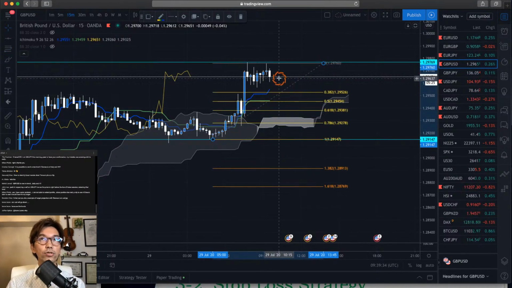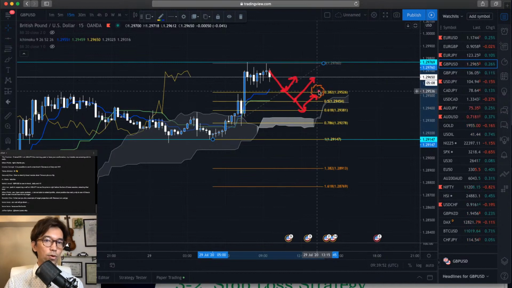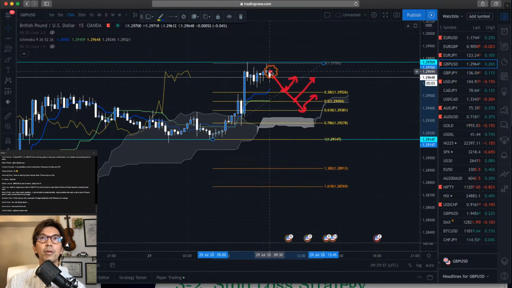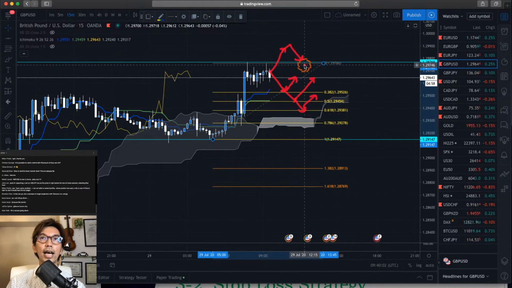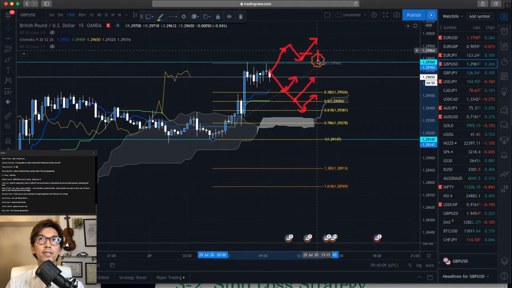And I expect the price to retrace backwards to either 38.2%, 50% or 61.8%. And until then, I just wait. Until the retracement happens, I just wait for a couple of minutes here. But if it breaks upwards, then I use the Fibonacci again, catch the next retracement point and look for the buy chance from there.